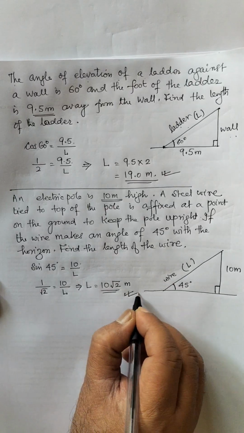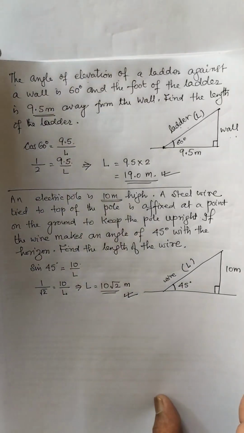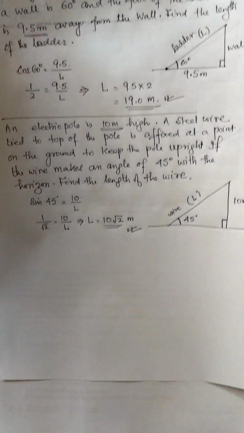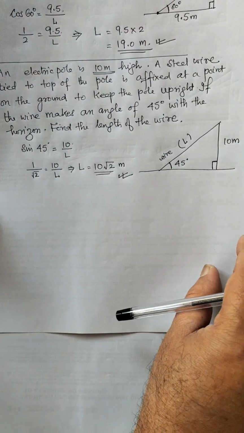This is our final answer. If you are given the value of root 2, you can put that and solve further. Else you can leave your answer as it is. Let us see one more question quickly.